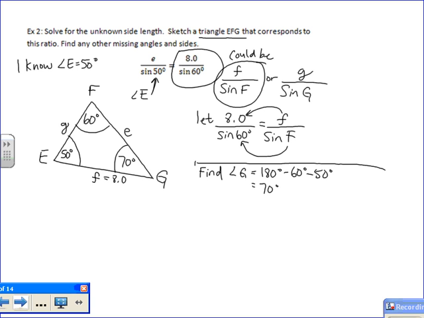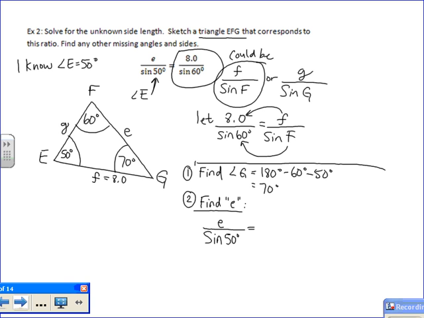Now it's up to us whether we want to start by solving for side length g or side length e. Let's first find side length e. So I'm going to use the ratio e over the sine of E, and in this case, angle E is 50 degrees, and I have to set it equal to a ratio that I know.